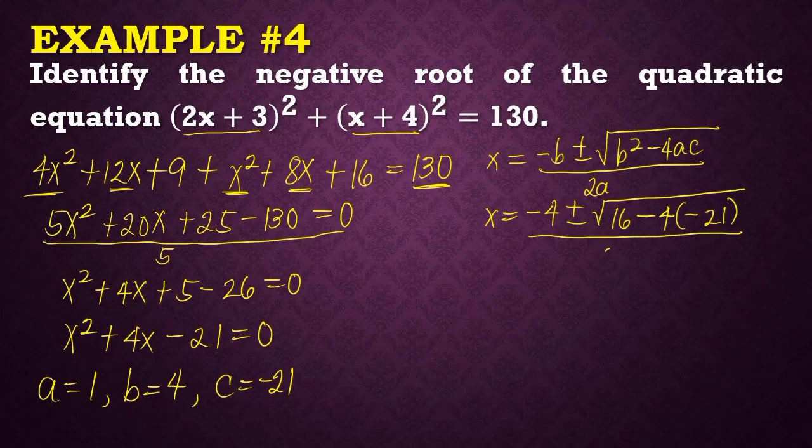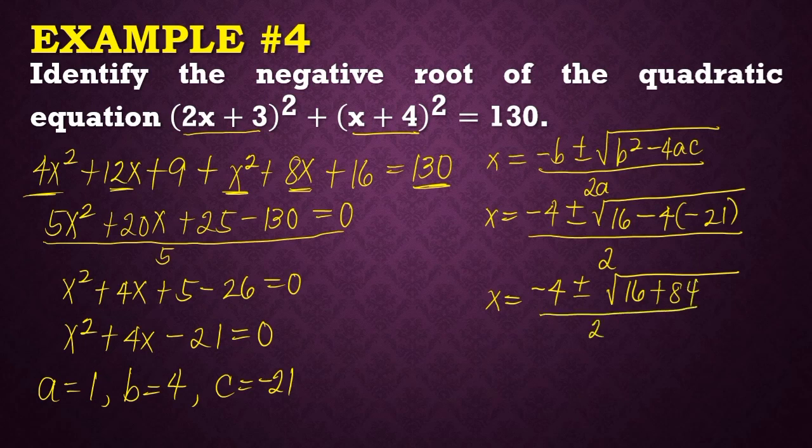So, that is 2. So, x equals negative 4, positive negative, square root of 16 minus, so 4 times negative 21, that is negative 84. So, dahil minus siya, subtraction, change natin yung sign ng subtrahen, magiging positive 84 all over 2.